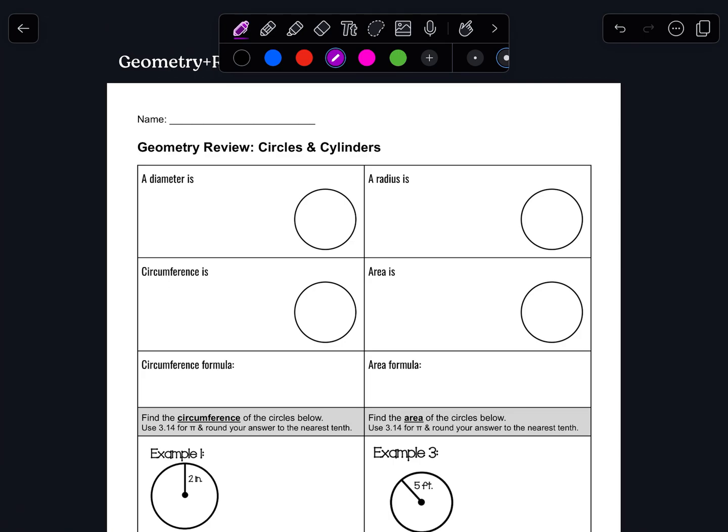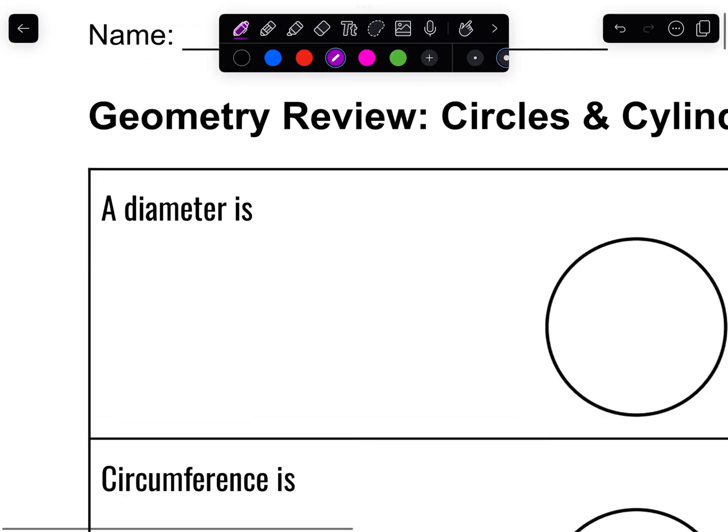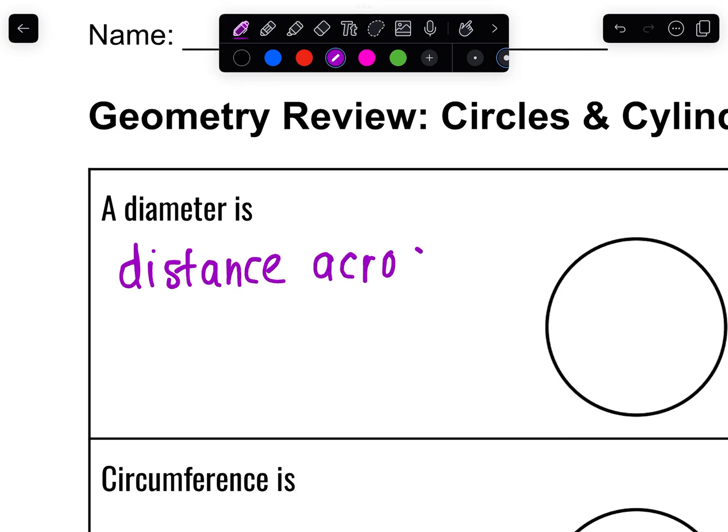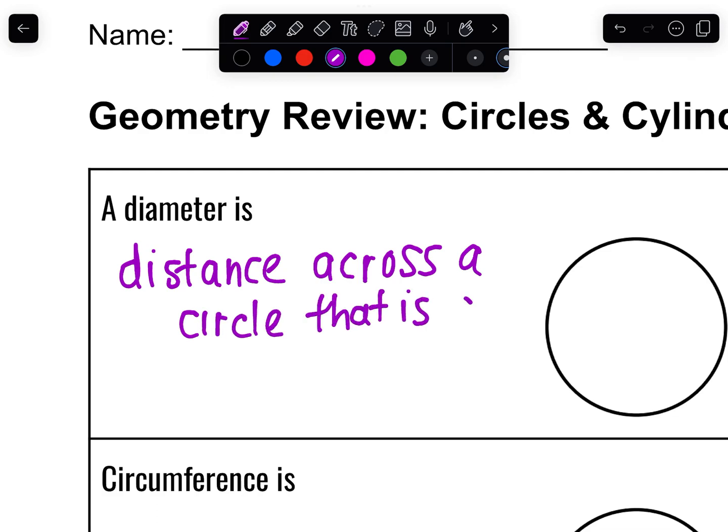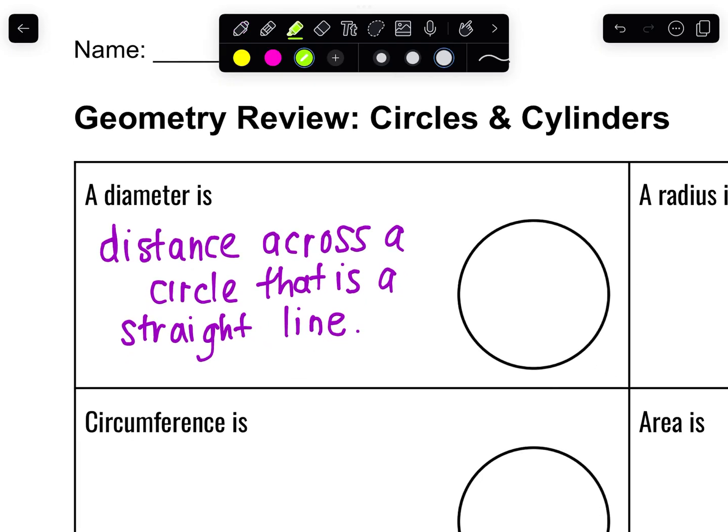A diameter is the distance across a circle. That is a straight line. So when we draw that in our diagram, we're going to take that all the way across.